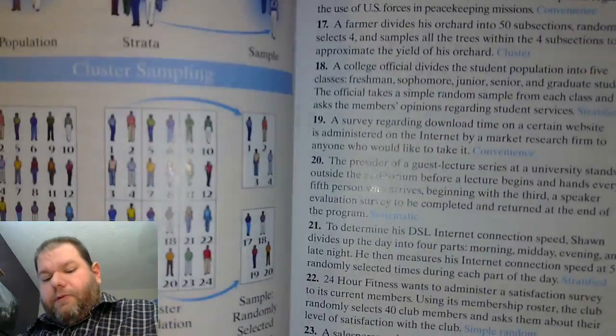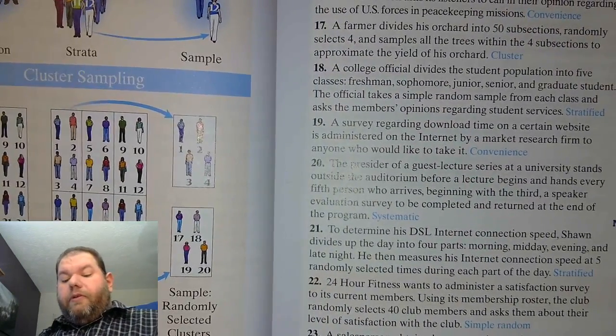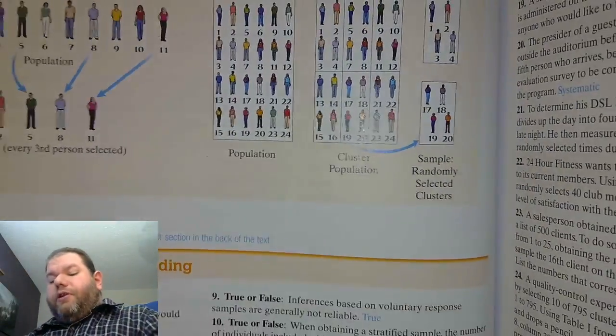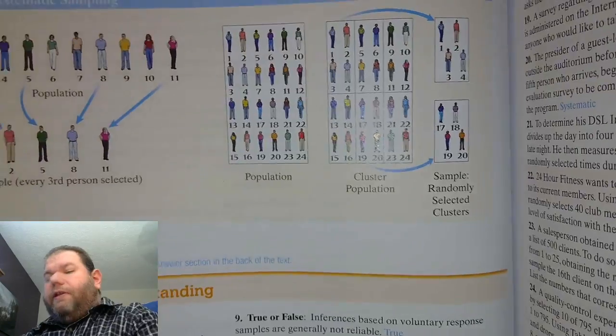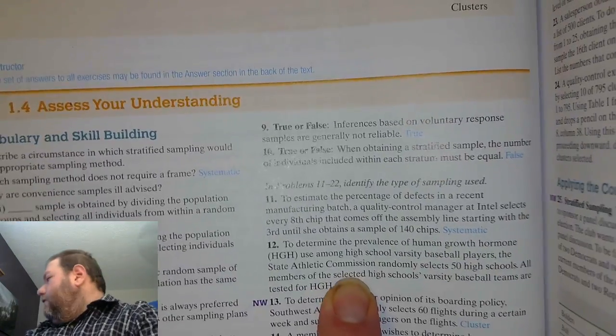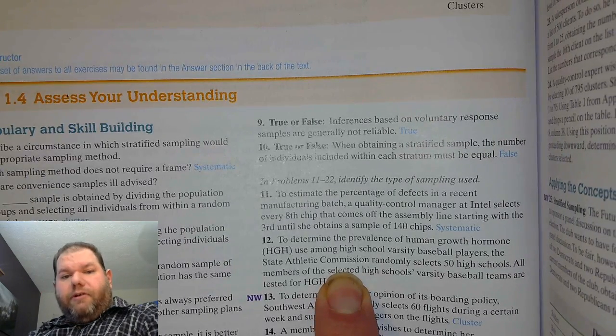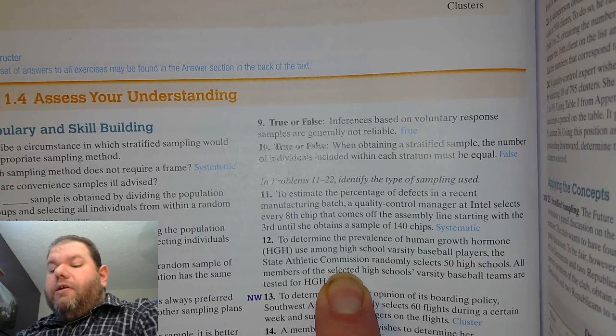So in the textbook, I'm on page 34 now. I want to try to do this without giving away answers, so it's going to be a little awkward. Well, let's look at number 12 here in section 1.4.